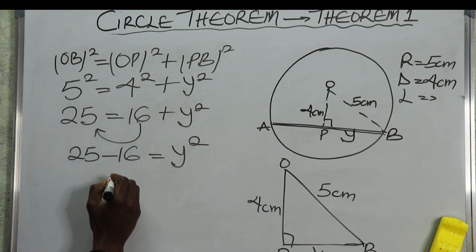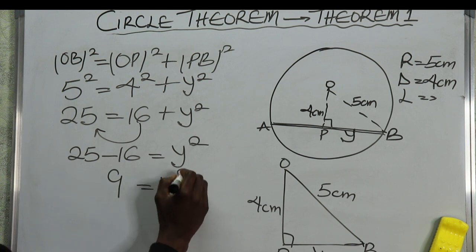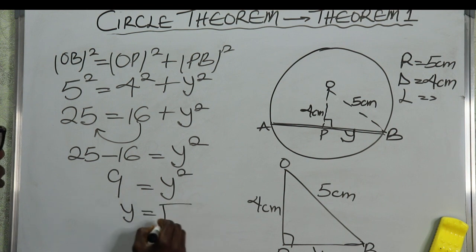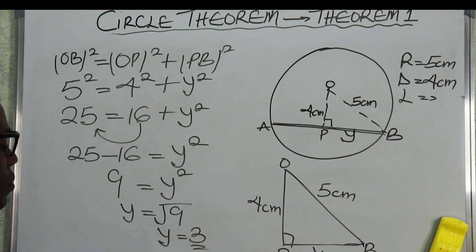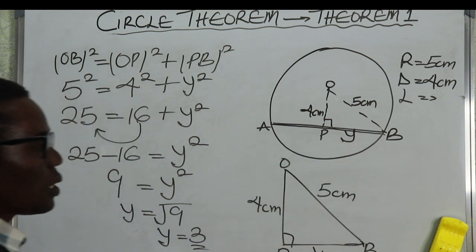25 minus 16 is going to give us 9, so that will give us 9 equal to y square, and then our y will be equal to, if we square root both sides, the square root of 9, while y is equal to what? 3. So you see now we've gotten our y to be equal to 3.